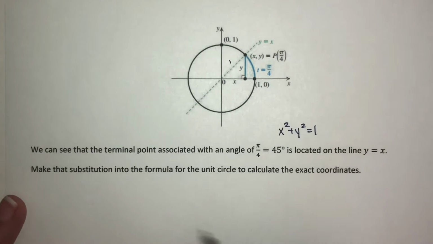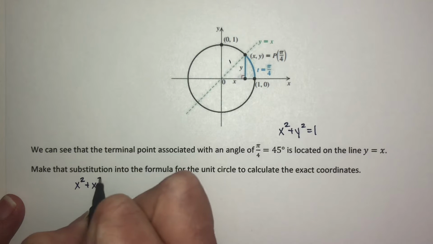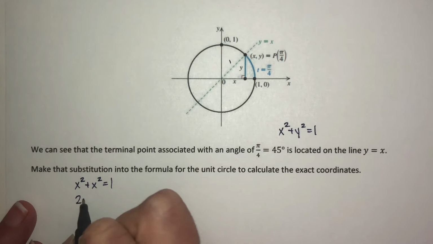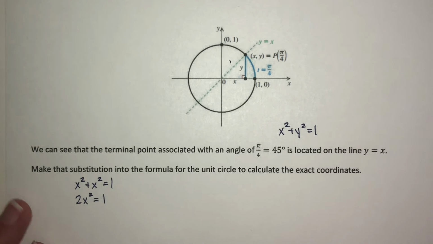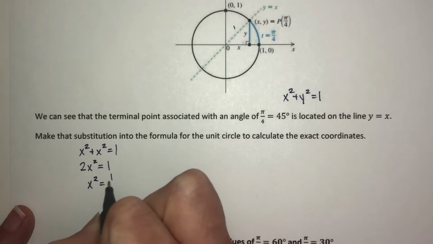If I make that substitution, I get x squared plus x squared is equal to 1. Therefore, 2x squared is equal to 1, and x squared is equal to 1/2.